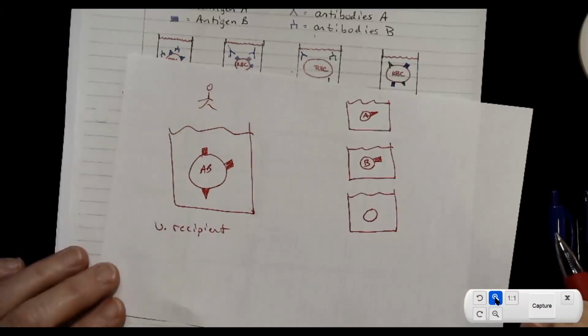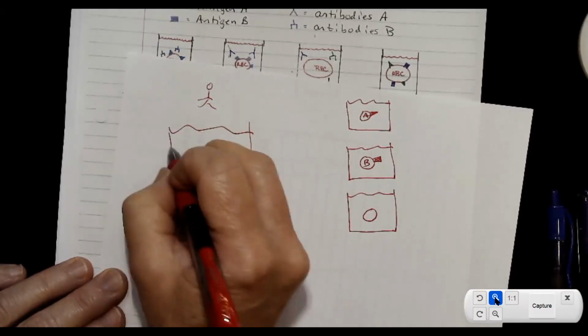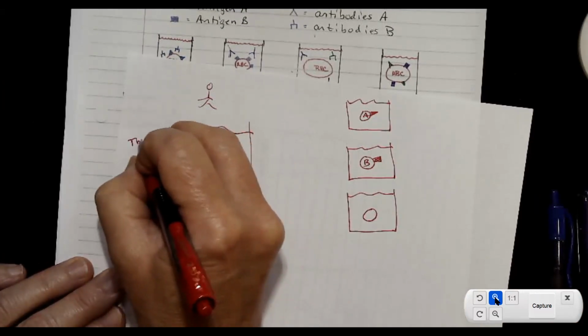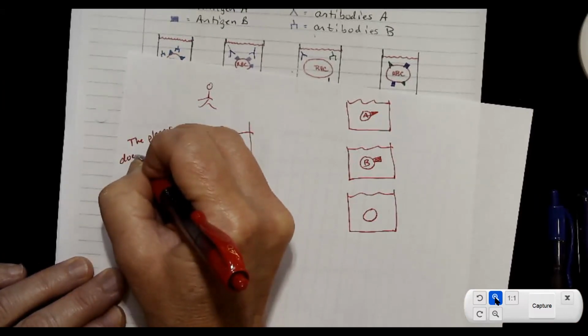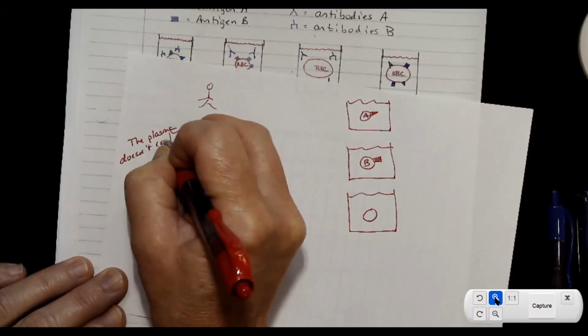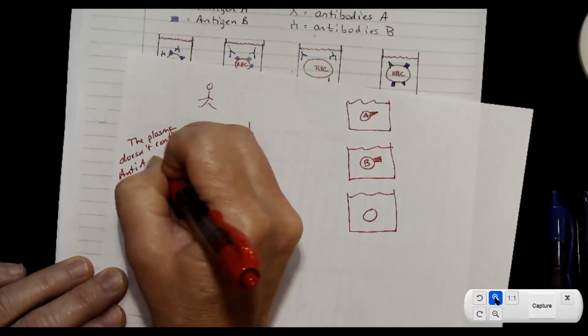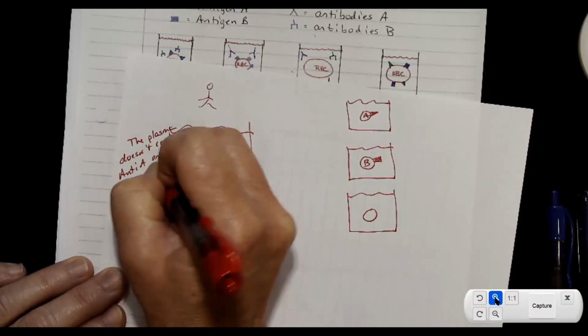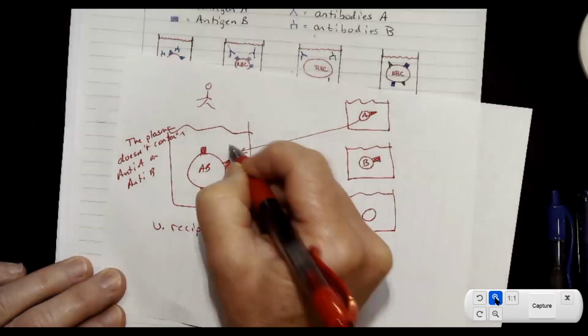So think about it. This blood in the plasma, put a little note here, the plasma does not contain anti-A or anti-B. So if these red blood cells come over here, all right, let's put it here.